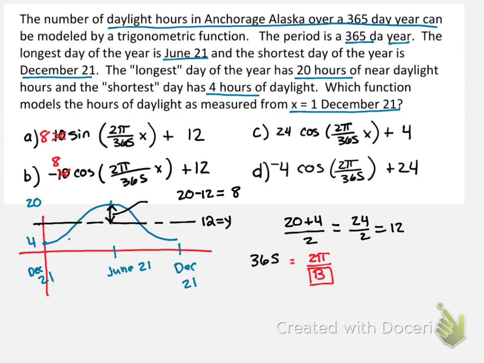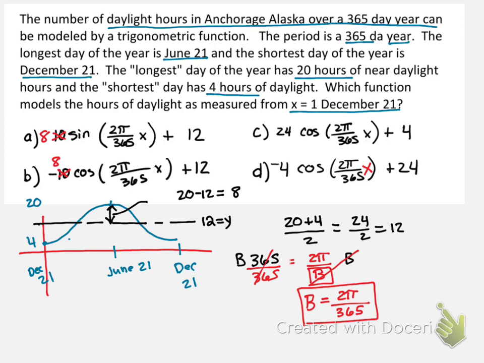So to get b all by itself, we'll multiply each side by b and divide by 365. b will equal 2 pi divided by 365. And that shows up in all of them. That should be an X there.